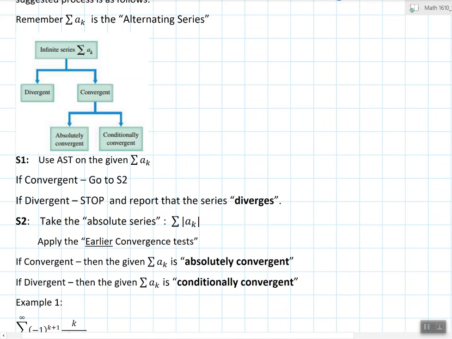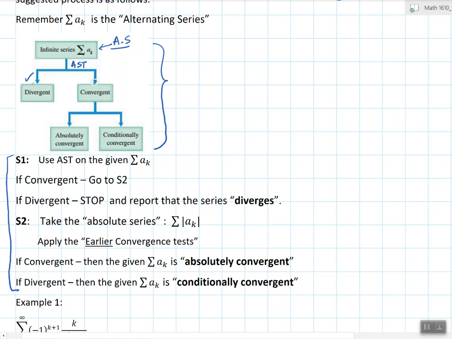So this is a pictorial way of explaining this, and this is a step-by-step algorithmic way of explaining this. Let me explain the pictorial way. We are given the infinite series, and this is the alternating series. You apply the alternating series test and figure out whether it is divergent or convergent. Obviously if it is divergent, then you say divergent and you are done. There's nothing more to do.